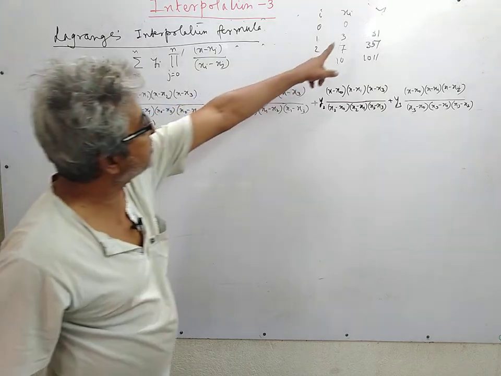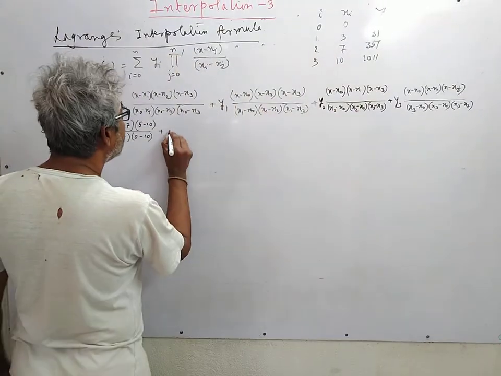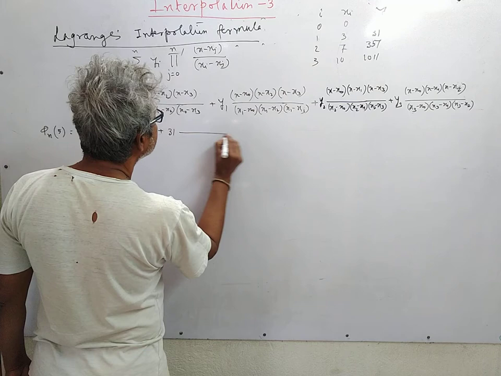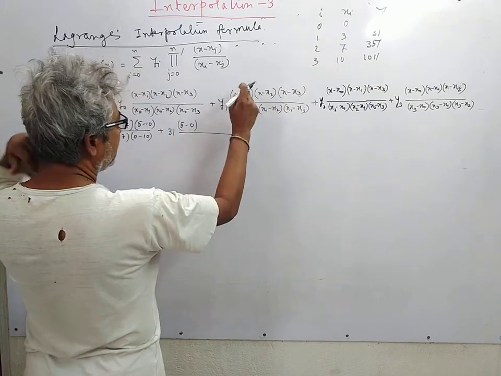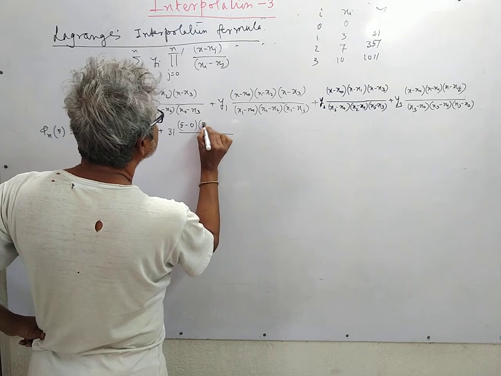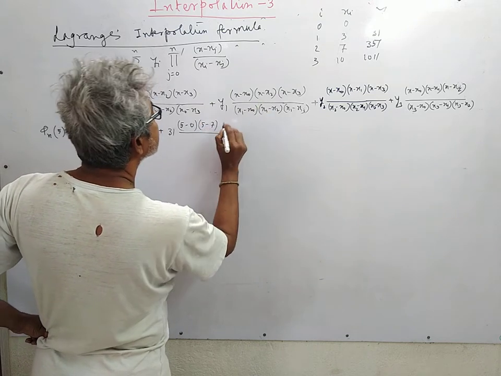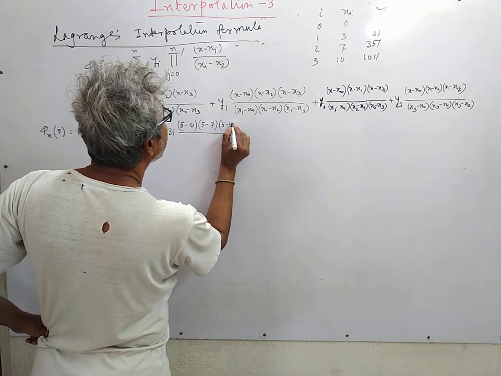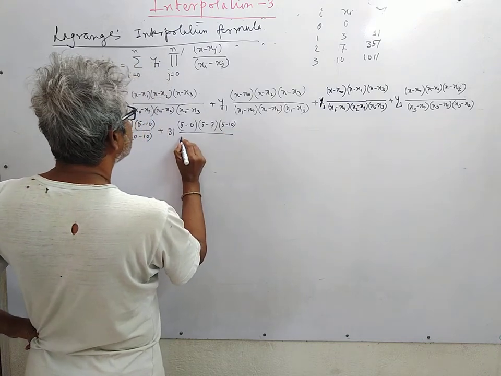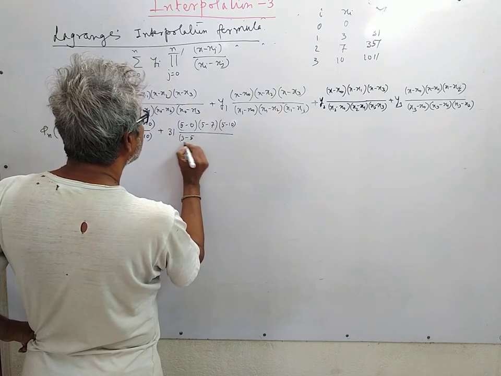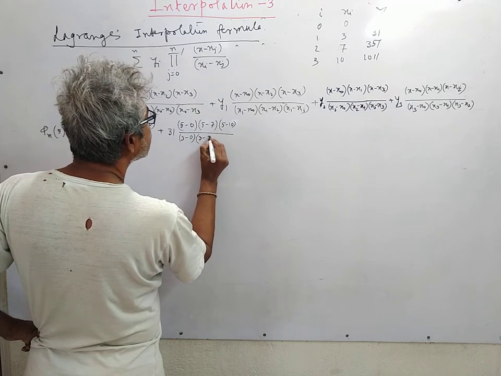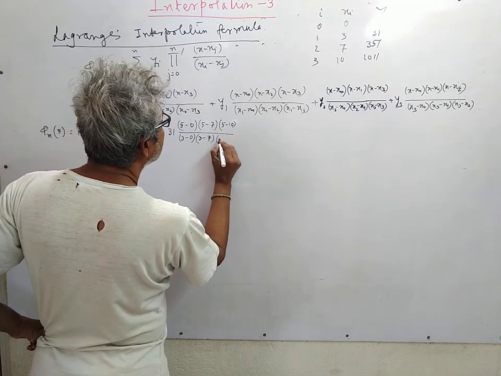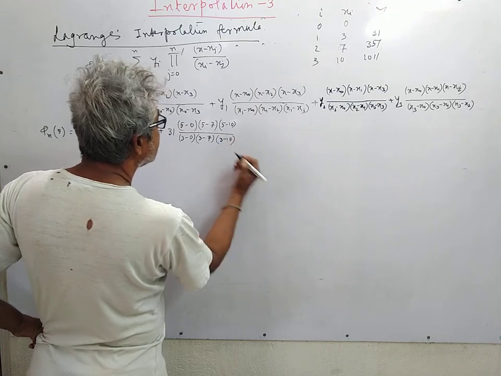For y1 we use the value 31. Then this is (5 minus 0)(5 minus 7)(5 minus 10) divided by (3 minus 0)(3 minus 7)(3 minus 10).